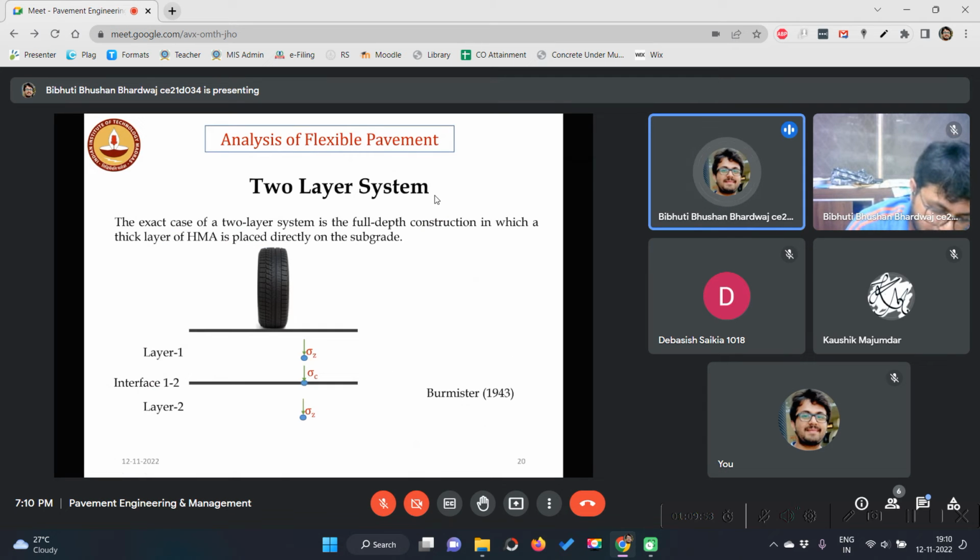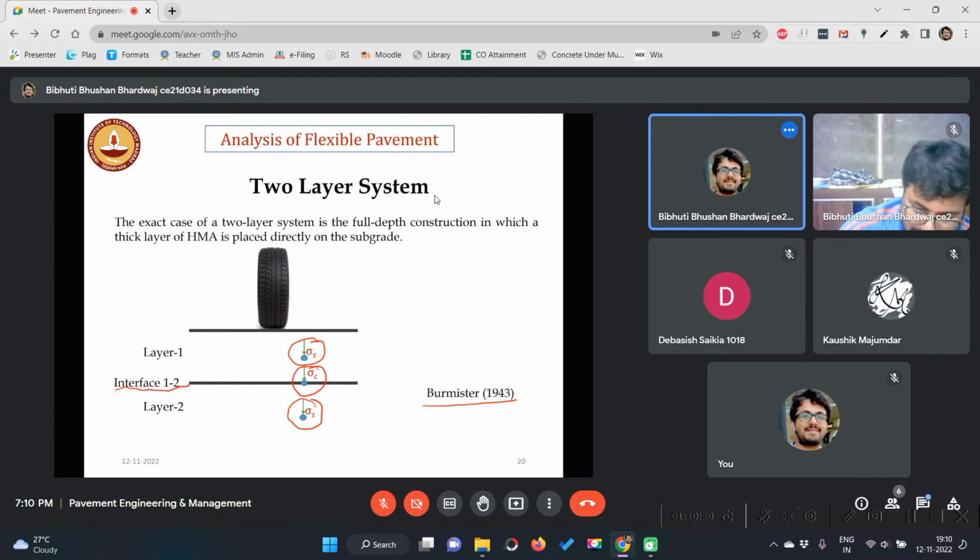Now, in a two-layer system, we can find the stresses in the different layers as well as at the interface of the two layers. That means we can find sigma c, and also sigma z in layer 2 and sigma z in layer 1. These can be found using the equations given by Burmister in 1943.